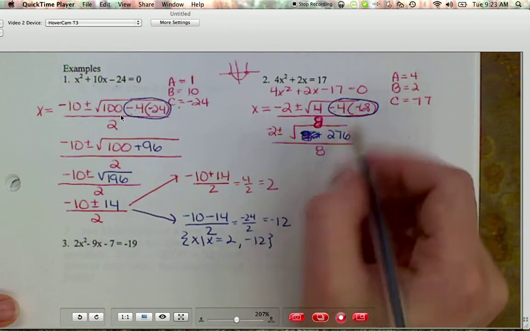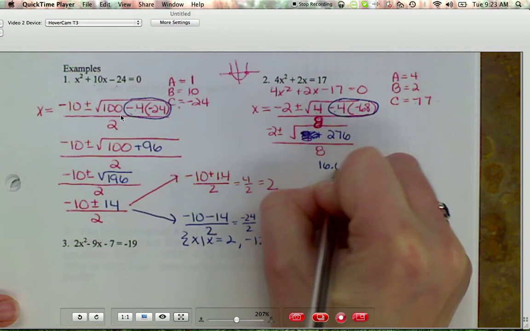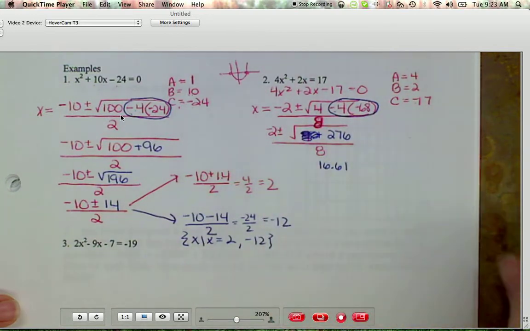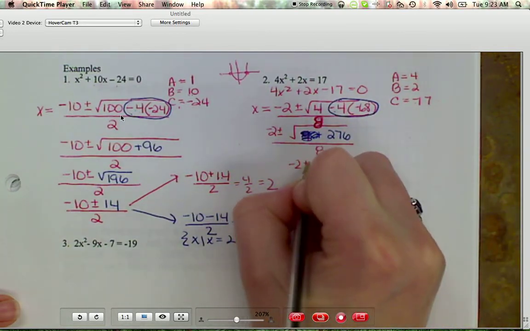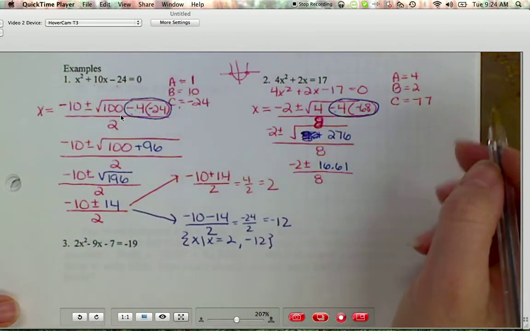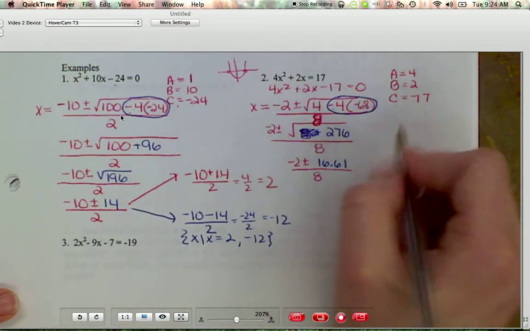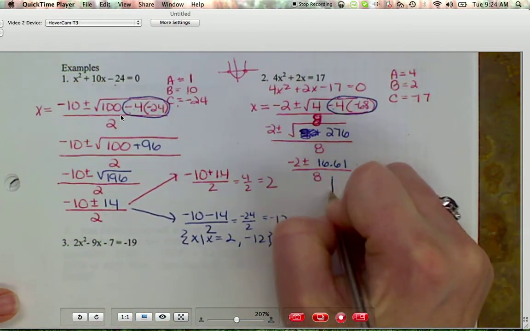The square root of 276 then comes out to be a decimal, 16.61. So we get -2 plus or minus 16.61 over 8. And now we split this into 2 answers. You can go off the side, you can go down below. I'm going to go down below this time.